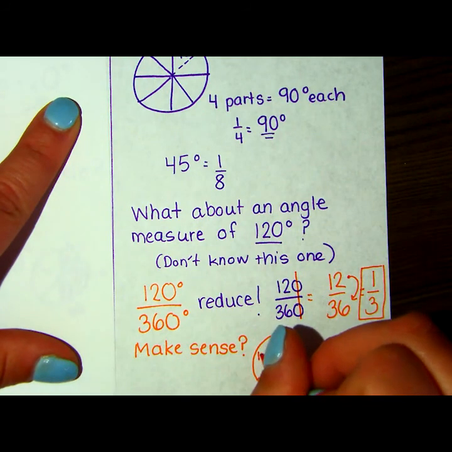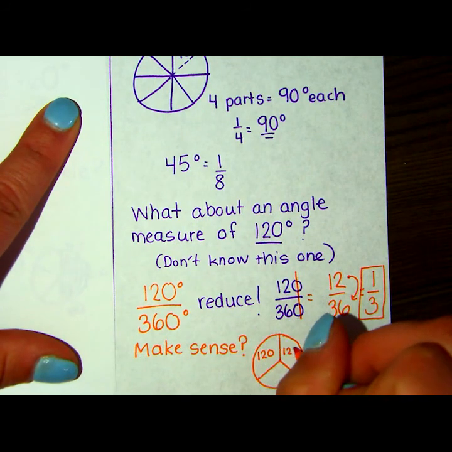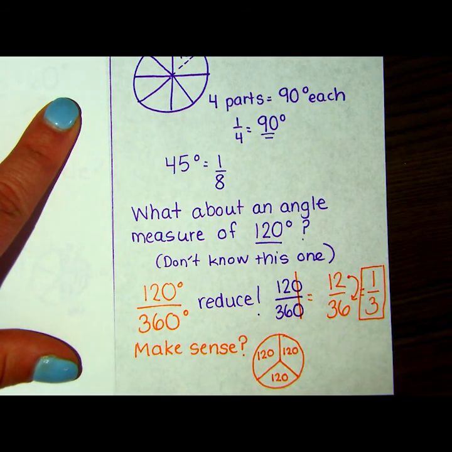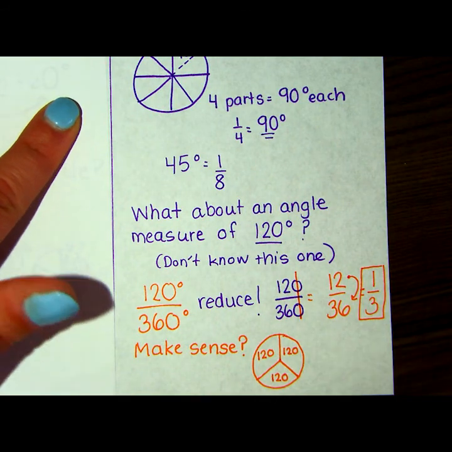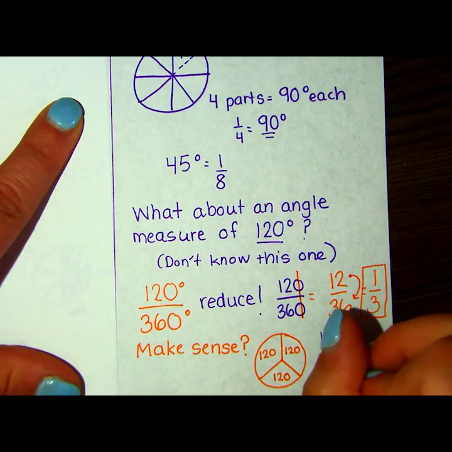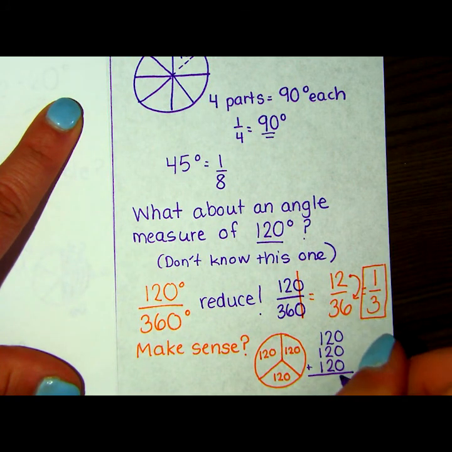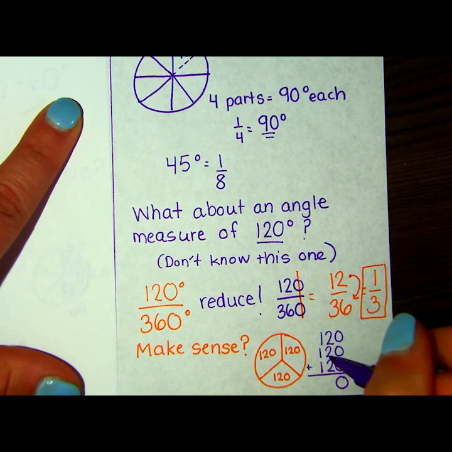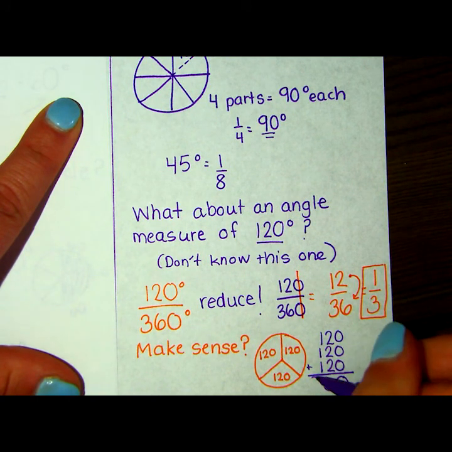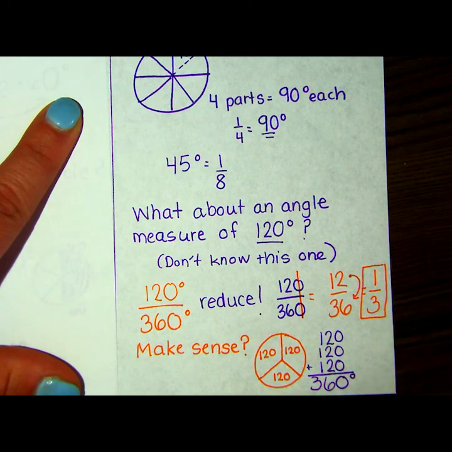So each of these thirds would be equal to 120. When you add those up, what total do you get? 360 degrees.